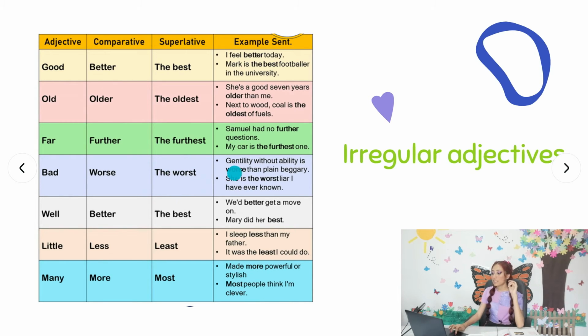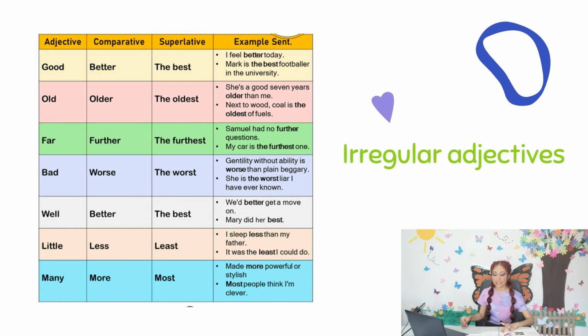Let's pay attention to this superlative: She is the worst liar I have ever known. Okay, so it means that I have known a lot of liars, mentirosos, around the world. But she is the worst liar of all the liars I've known.